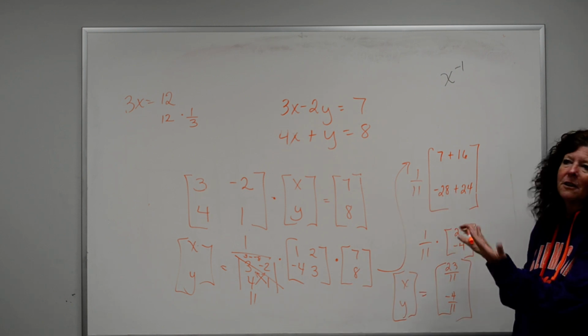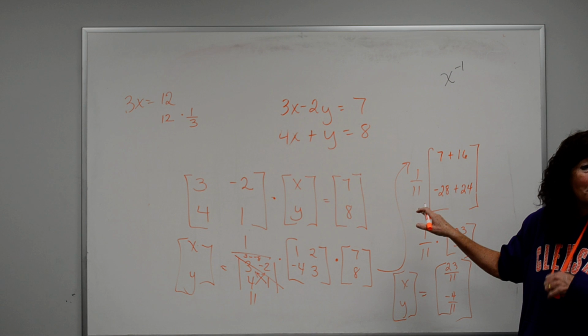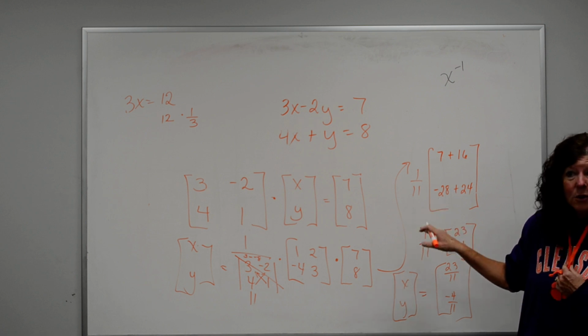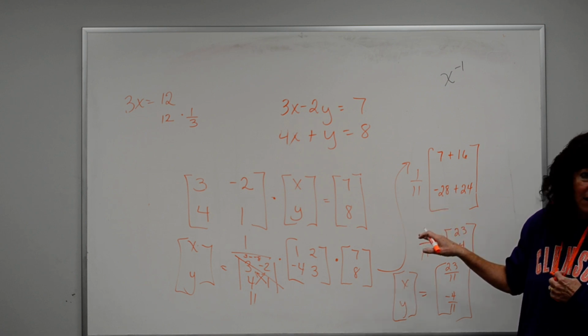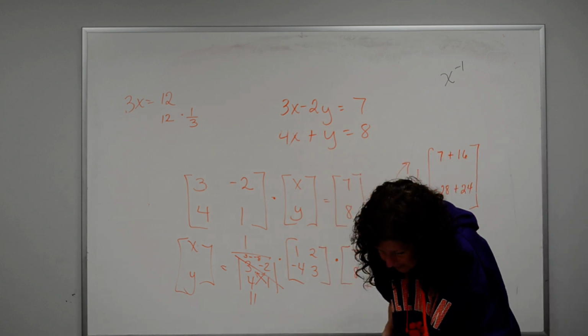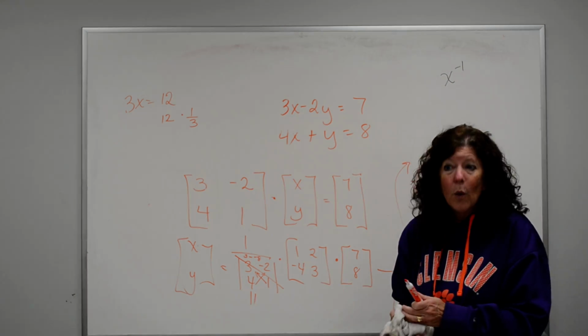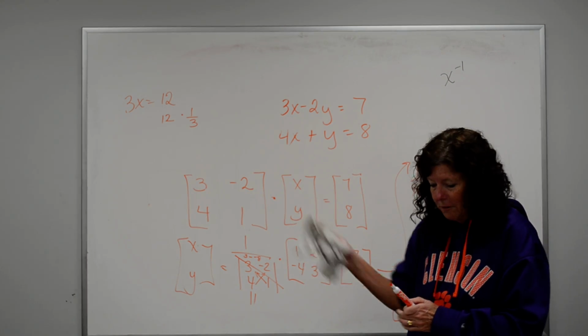Now this seems like you're going, why would I want to go to all that work? Well, I'm going to show you on a 3x3 why it's not work. When I have to do it by hand, it feels like work. When I do it on the calculator, it doesn't feel like work. Okay? Let's do a 3x3. And I'm going to show you how quickly, yes, can I go to the, sure, absolutely.